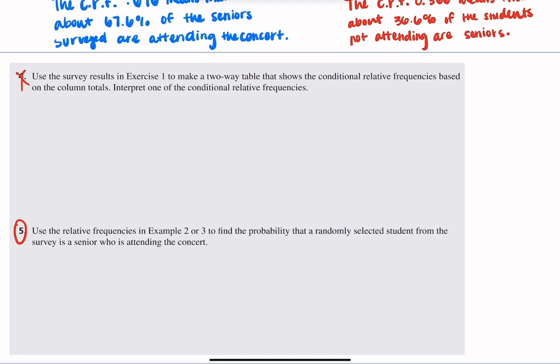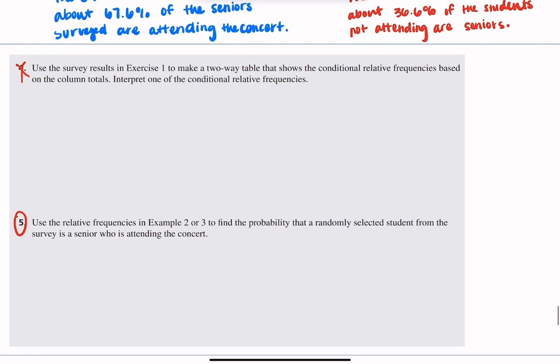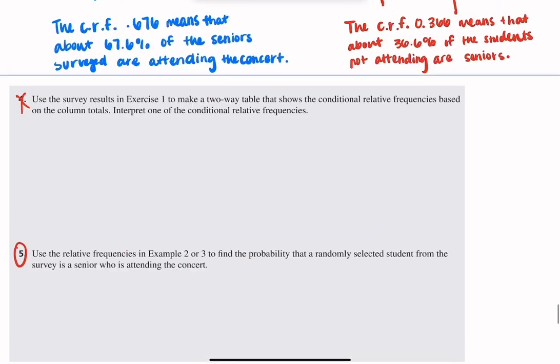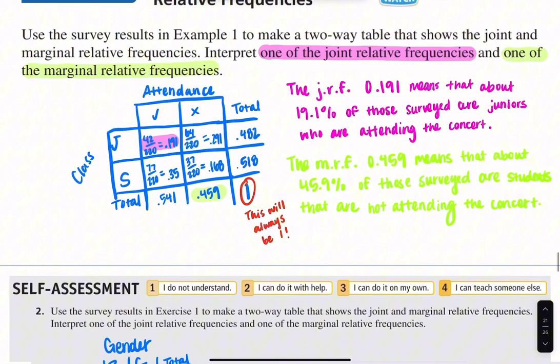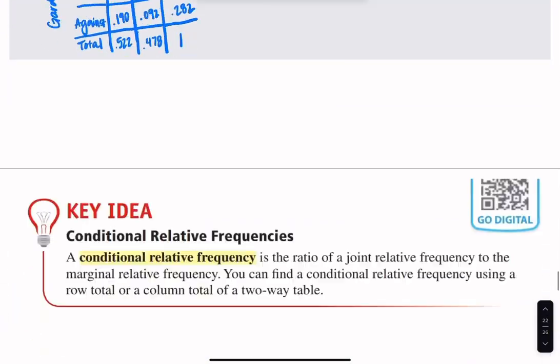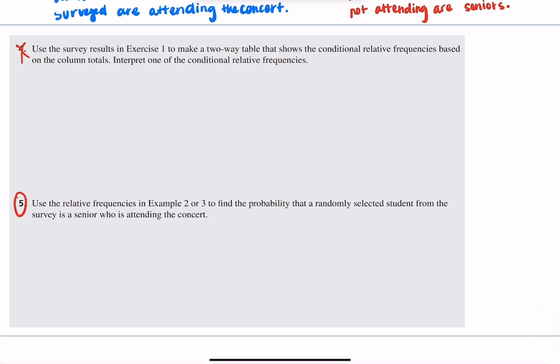Number 5, use the relative frequencies in example 2 or 3 to find the probability that a randomly selected student from the survey is a senior who is attending the concert.